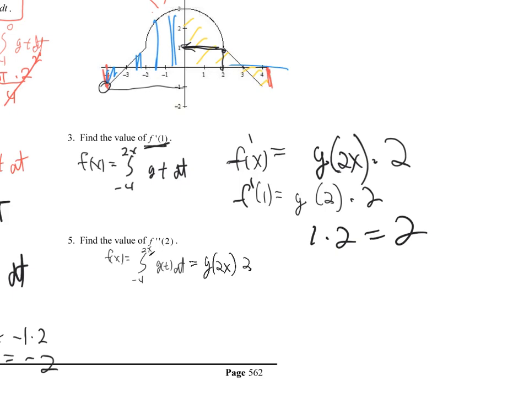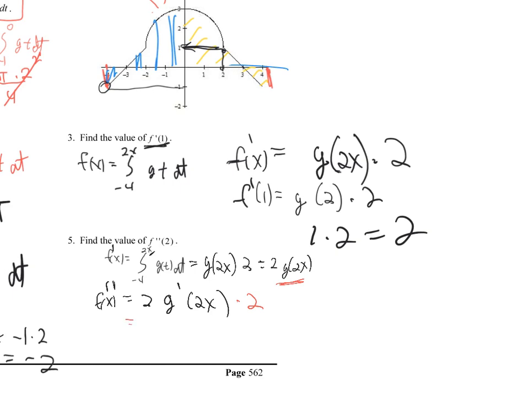Okay? So I'll just call it 2g of 2x. That was f prime. F double prime would be 2 times g prime of 2x. Don't forget the chain rule, times 2.